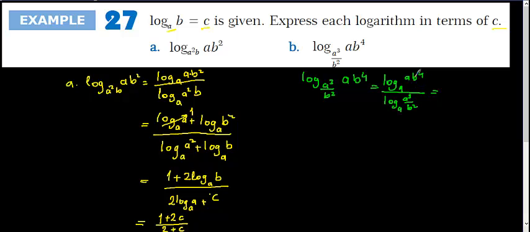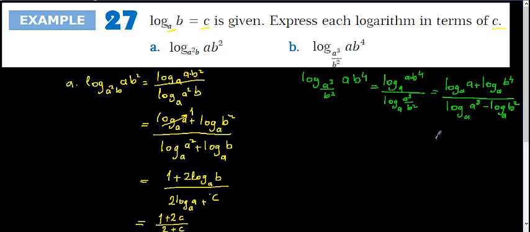Here there is a multiplication, here there is a division. So this multiplication is going to become logarithm base a plus logarithm base a of b to the power of 4, over logarithm base a cube plus, there is a division, that's why it's going to be minus logarithm base a of b square.